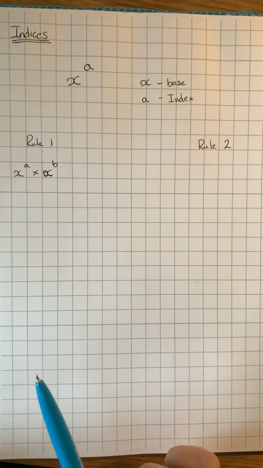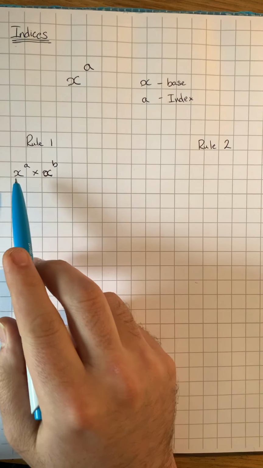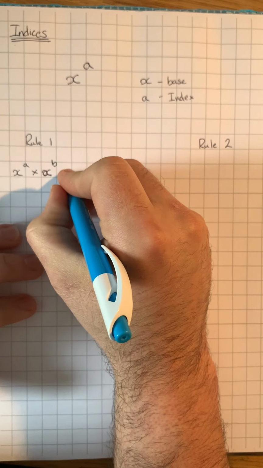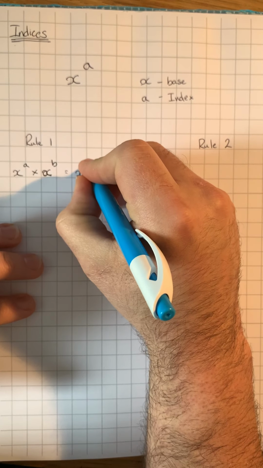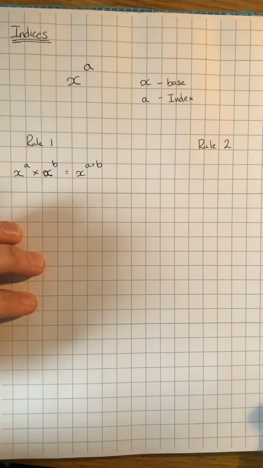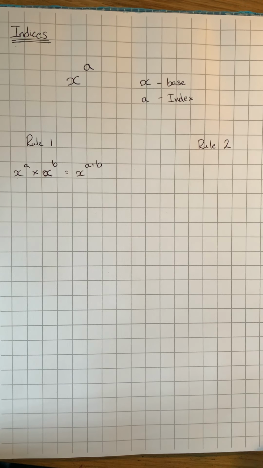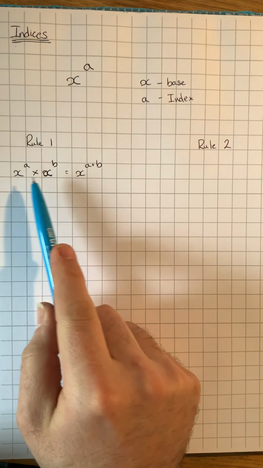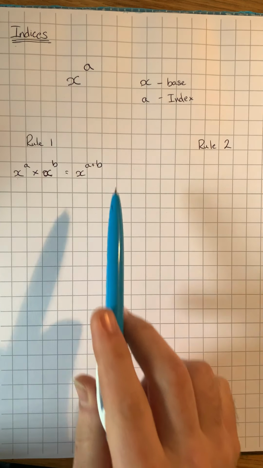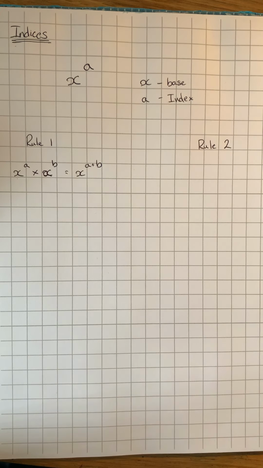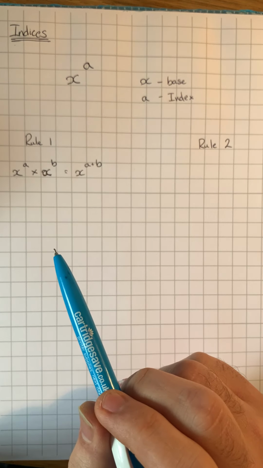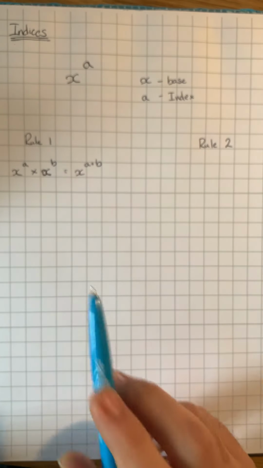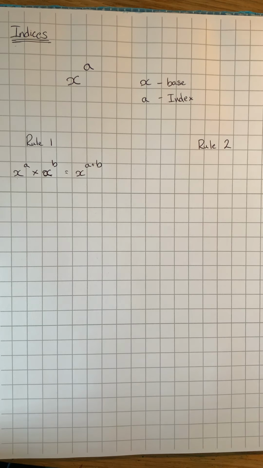If we're multiplying two indices together that have the same base, all we will be doing is adding the powers together. As long as they have the same base, we can add them together. If they don't have the same base, then we can't add the powers together because they're at a different base.